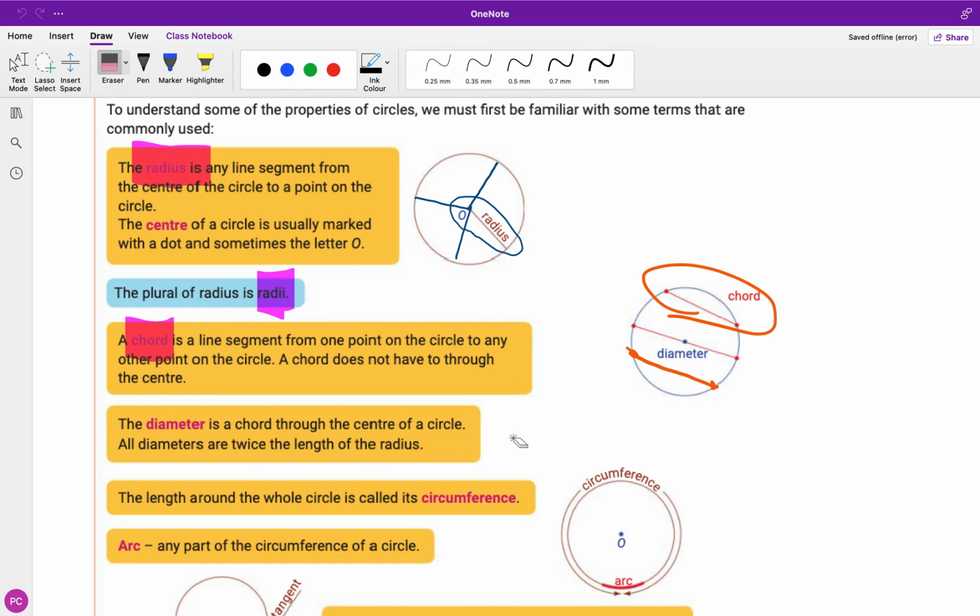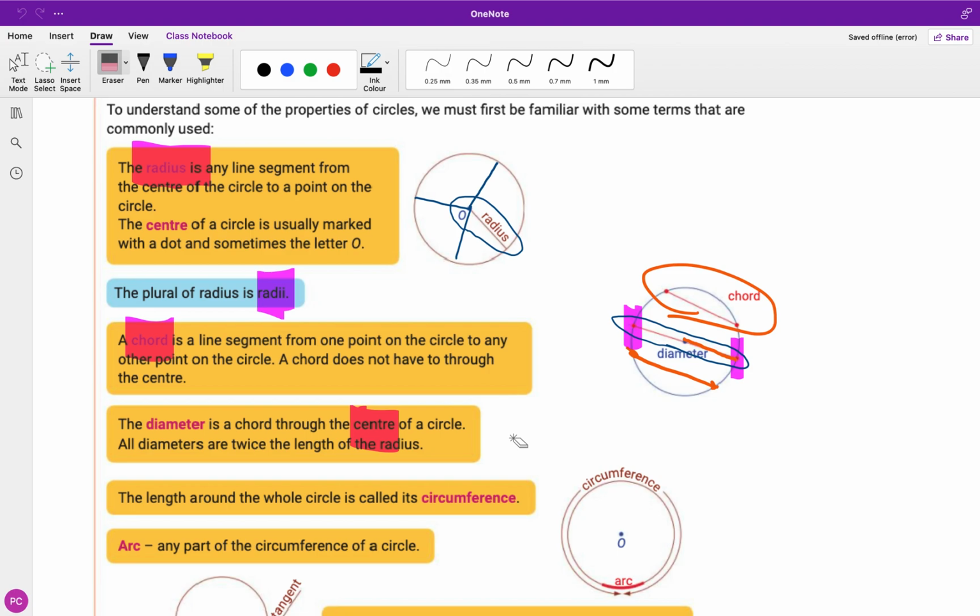And then this one here is very important. See this one in the middle here? We call it the diameter. And the diameter is a chord as well. The difference is it goes through the center of the circle. And one thing you're going to need to remember: if the diameter goes from one side to the other side, and a radius goes from the center to the edge, then the diameter is going to be 2 radii, or half the diameter is going to be the radius.